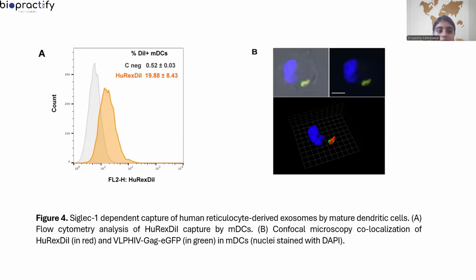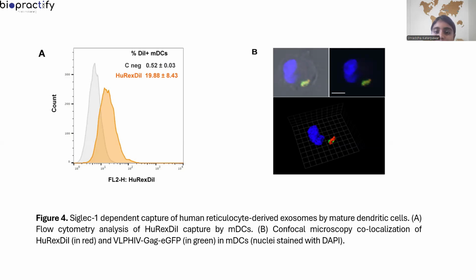As we already discussed, these dendritic cells have the capacity to capture exosomes, and this capture is done by monocyte derived dendritic cells.